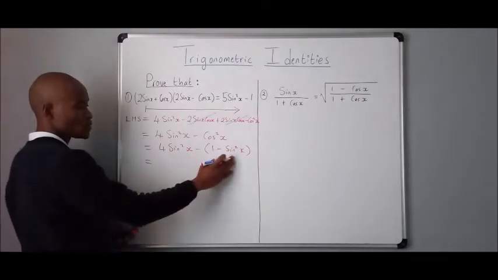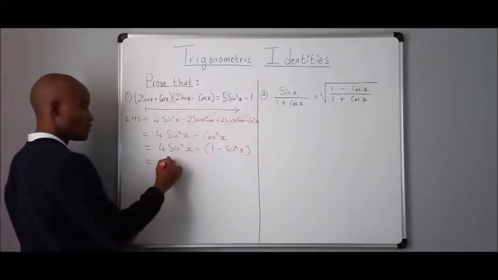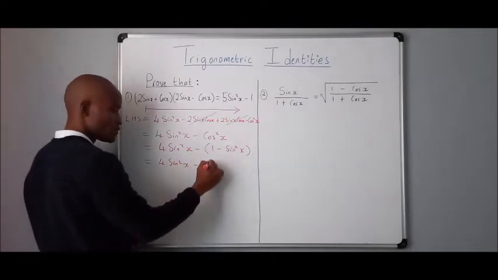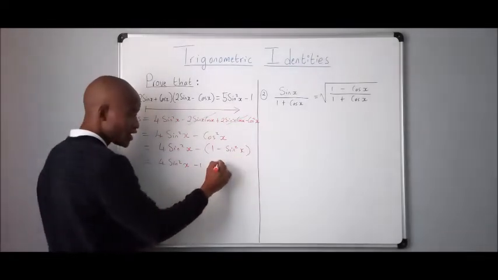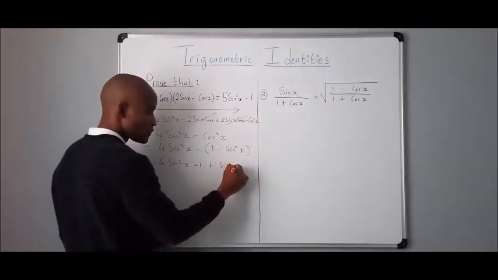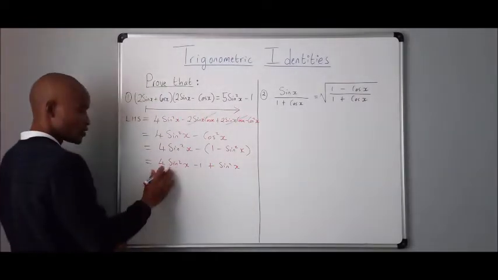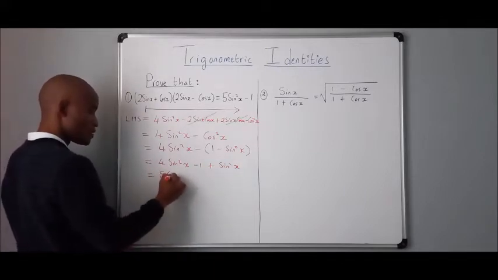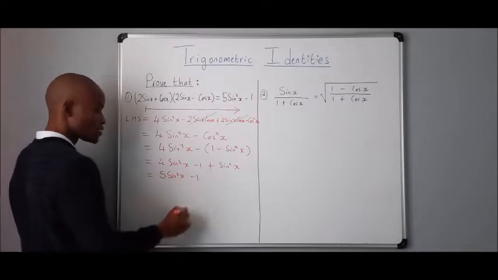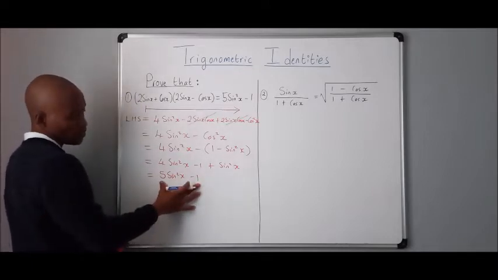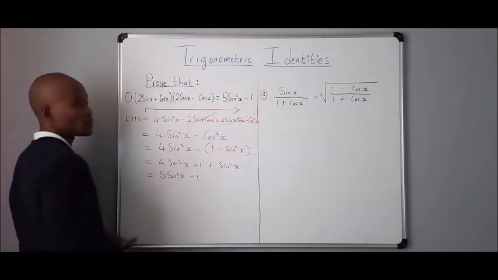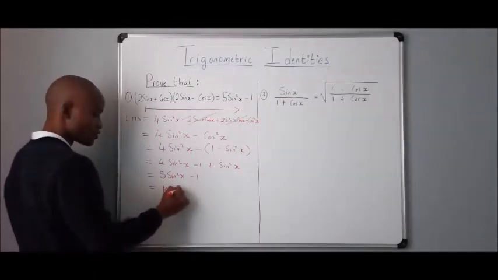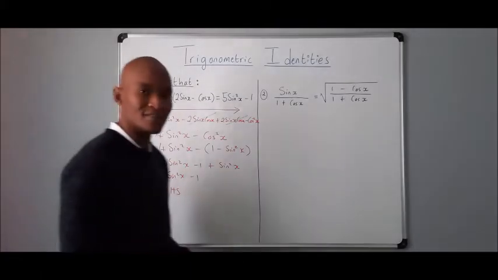Of course, distribution of the negative here, we have a 4 sine square x minus 1, a double negative produces a positive for you, and it's a sine square x. Okay, grouping your like terms here, you end up with 5 sine square x minus 1. Now compare what you have with the right hand side. Have we proved? Yes, it is a sufficient proof of the identity, and we'll leave it at that.